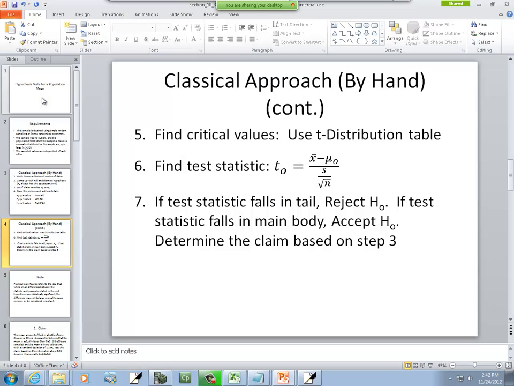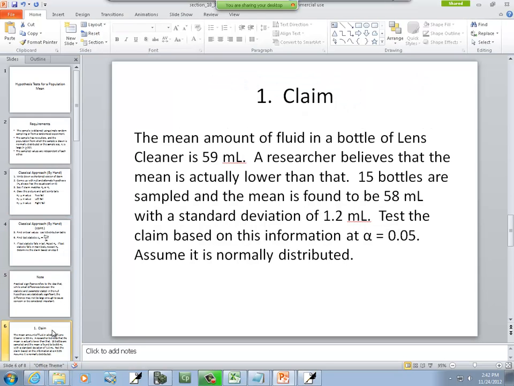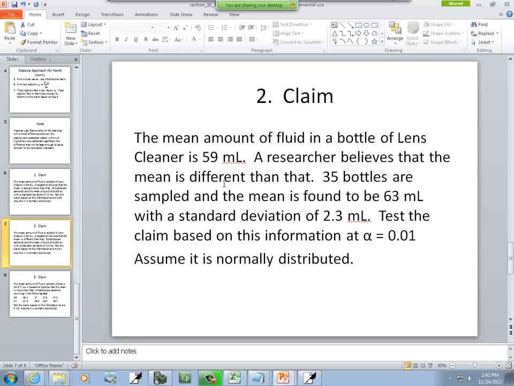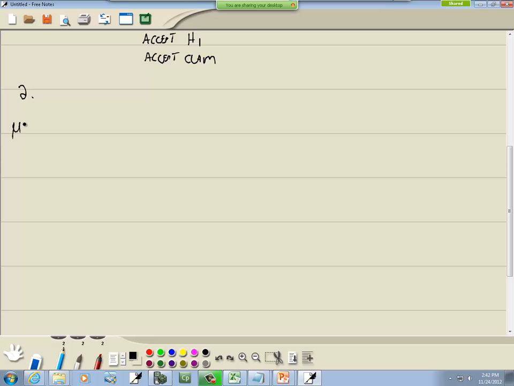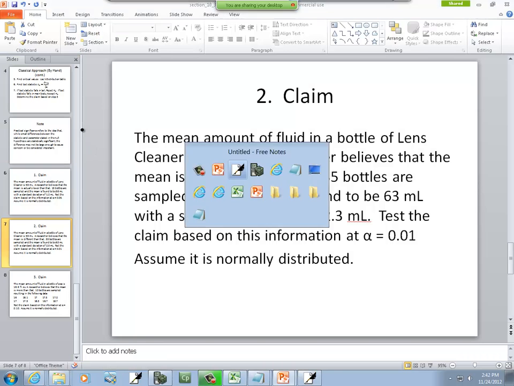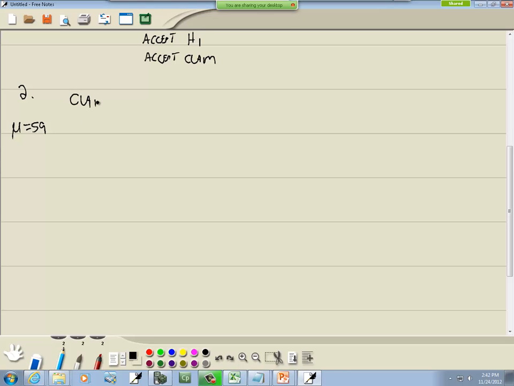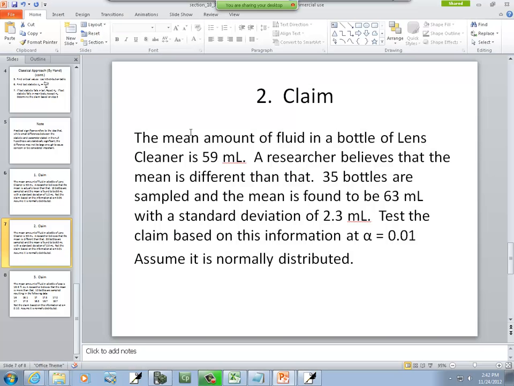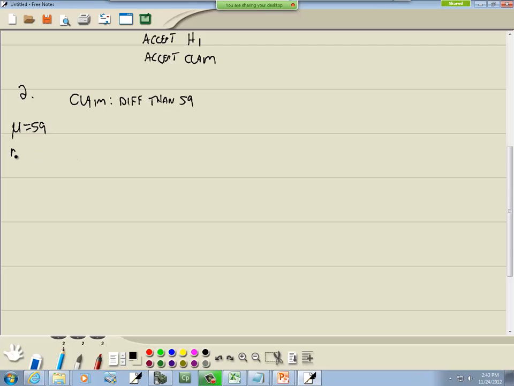Well, let's work our second problem. The mean amount of fluid in a bottle of lens cleaner is 59. So mu is 59. Research believes the mean is different. Sounds like our claim. So different than 59. 35 bottles are sampled, so N is 35.